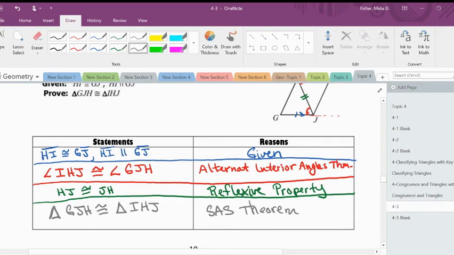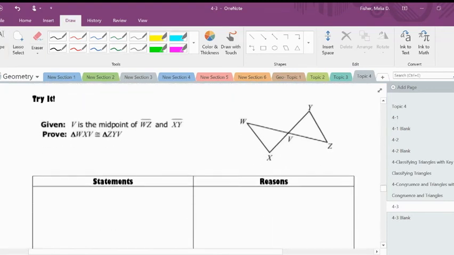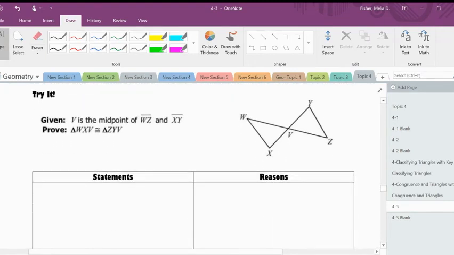It's time for you to pause the video, do the try it, and then come back and check. If you are totally lost, you can go ahead and follow me through, but I would really encourage you to at least pause your video, look at the picture, fill in the parts that you can, and then come back and check your answer.